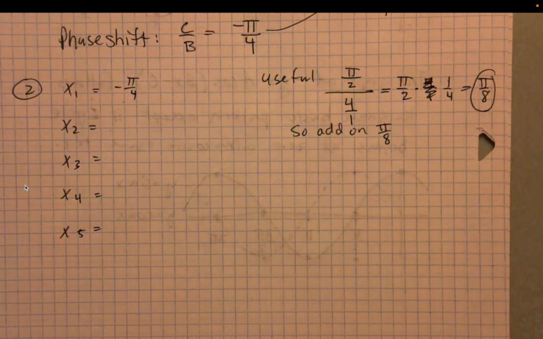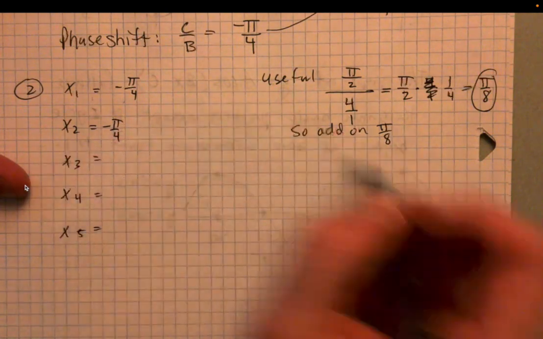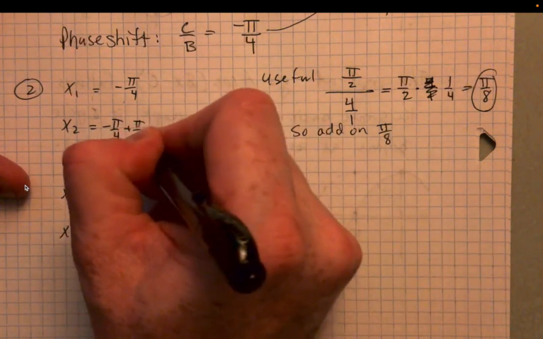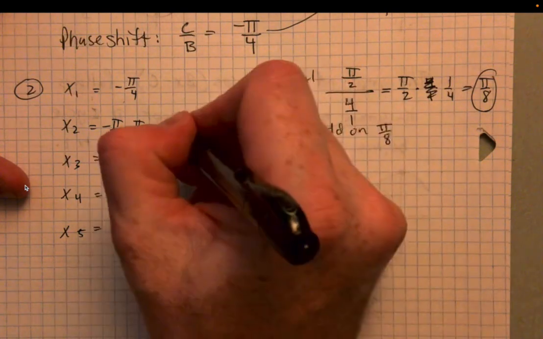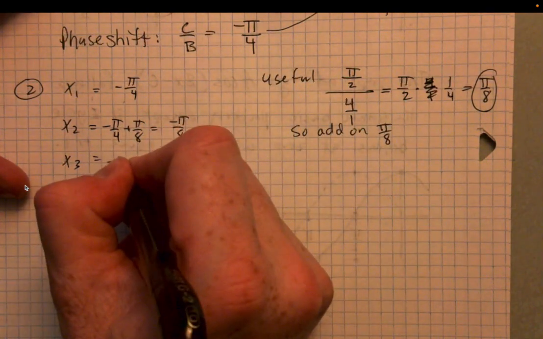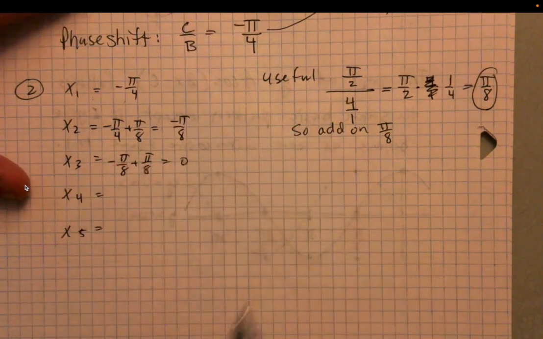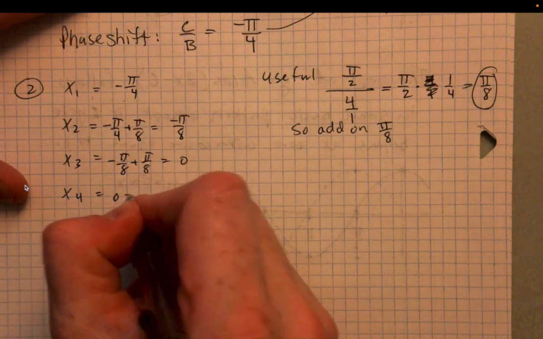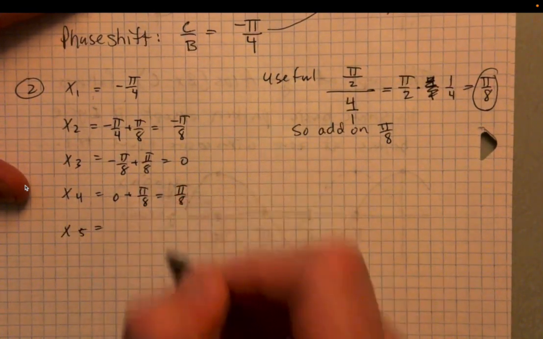All right, if we add on pi over 8, then that'll create our interval. So we start at negative pi over 4, and we add pi over 8, and we get negative pi over 8. Then I have negative pi over 8 plus pi over 8, of course, that's 0. And then 0 plus pi over 8 is pi over 8.